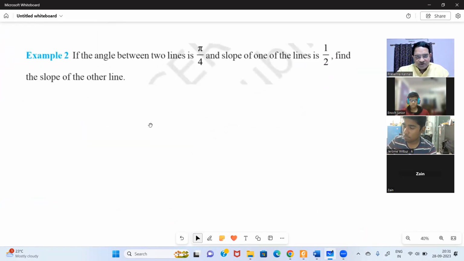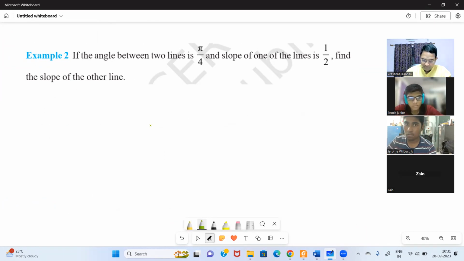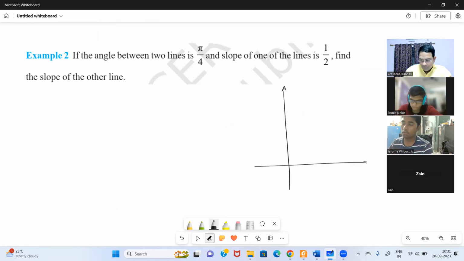If the angle between two straight lines is pi by 4 and the slope of one of the lines is 1 by 2, then find the slope of the other line. I have one line.